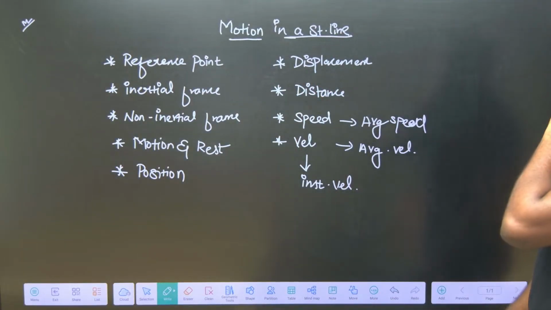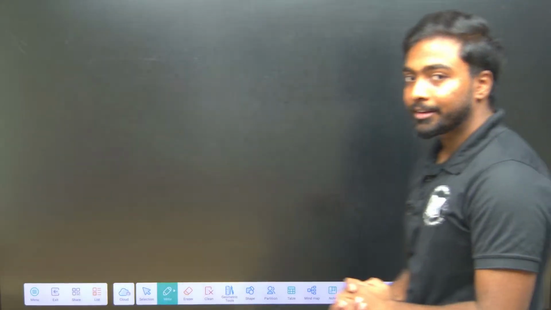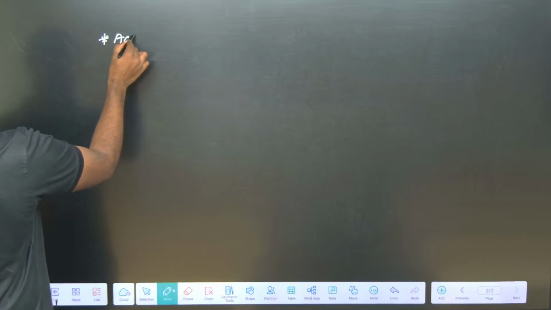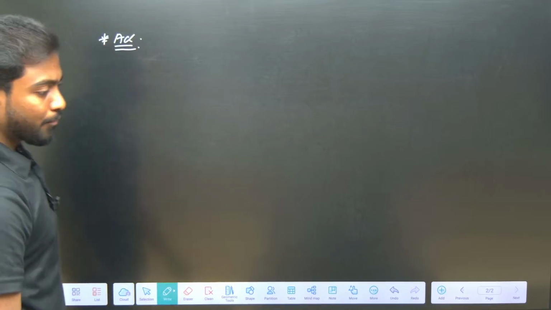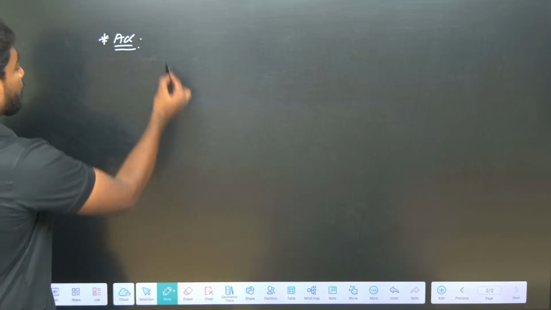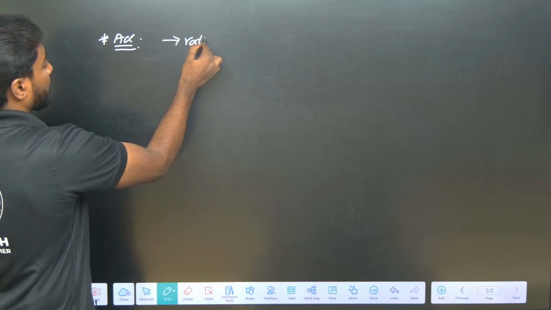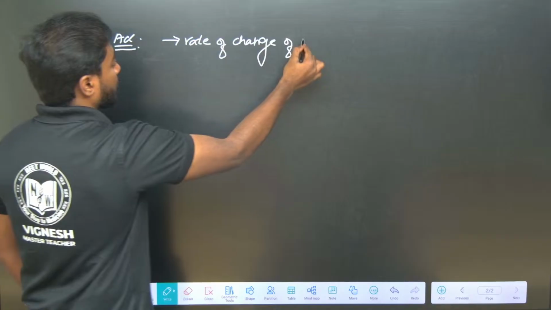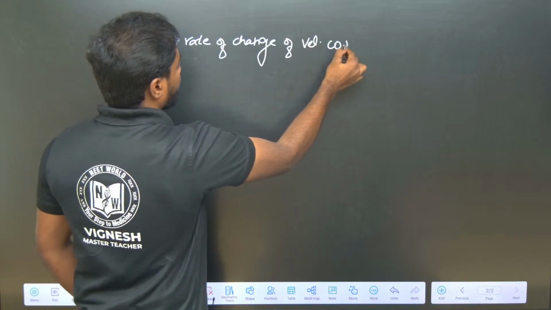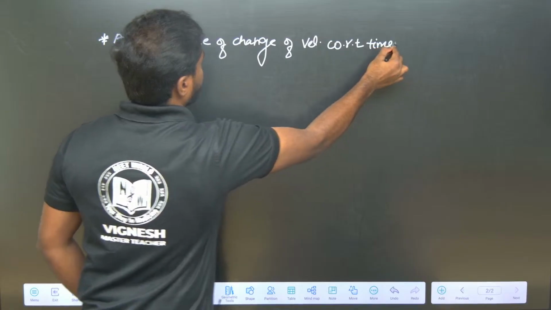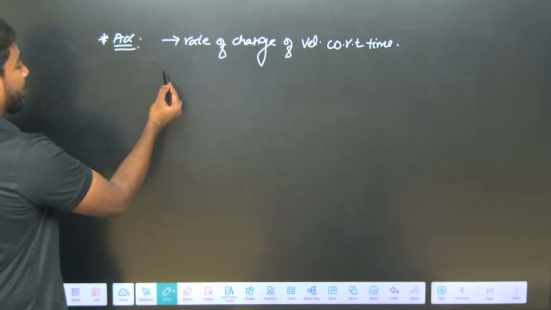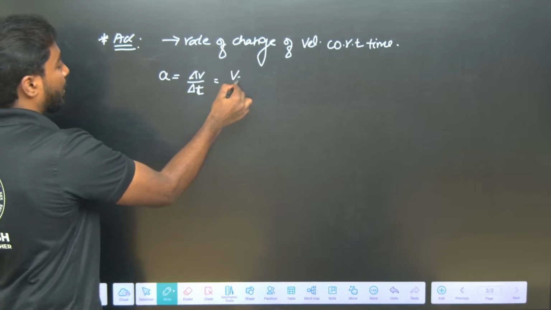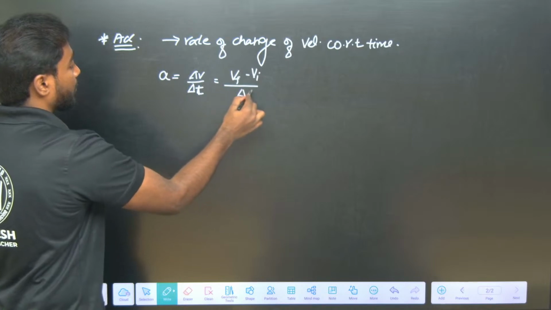Now we will go for the next topic, that is acceleration. The meaning of acceleration is nothing but rate of change of velocity with respect to time, which is a equals delta v by delta t, so v final minus v initial by delta t.